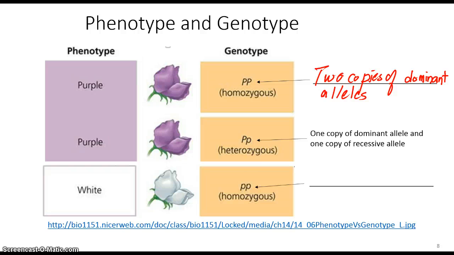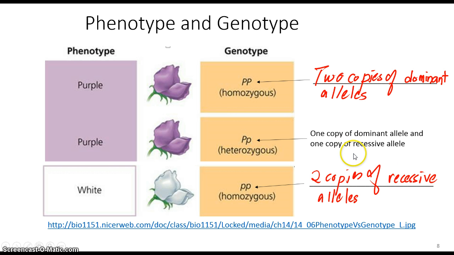So this individual, we call heterozygous. Whereas small pp, we refer to two copies of the recessive allele. Hope you get it right.